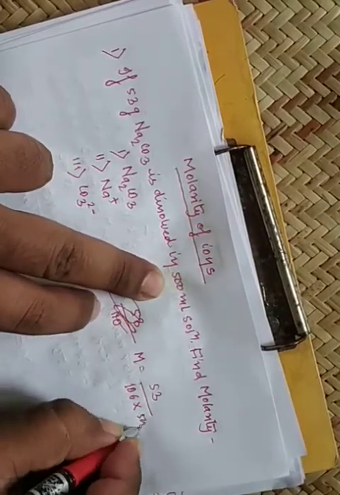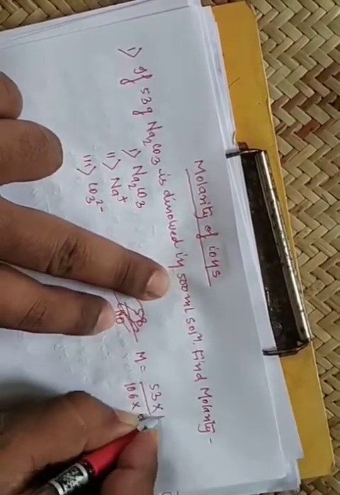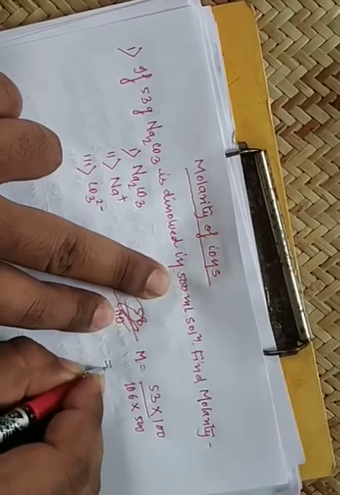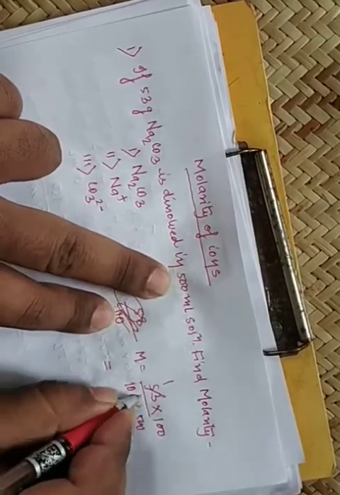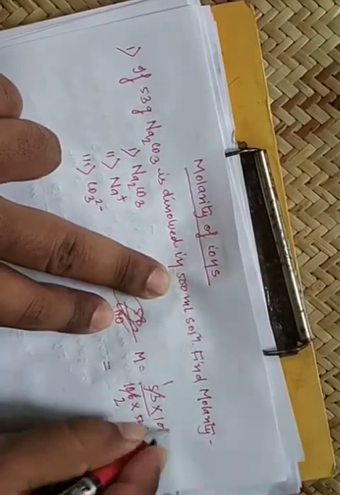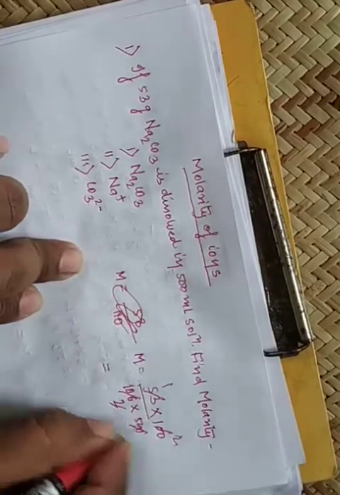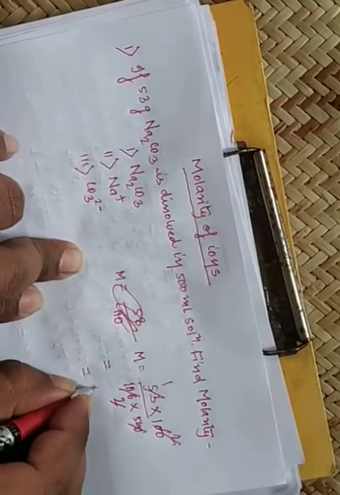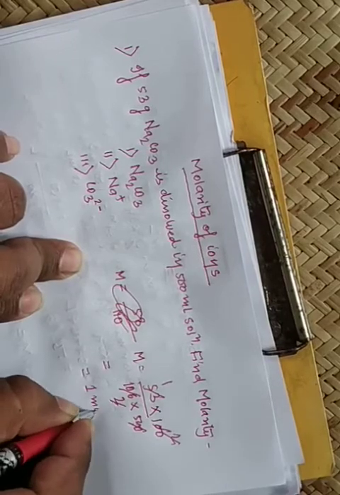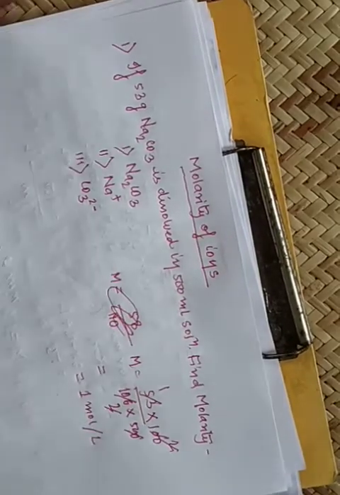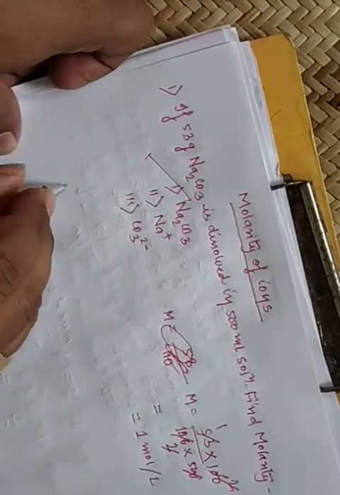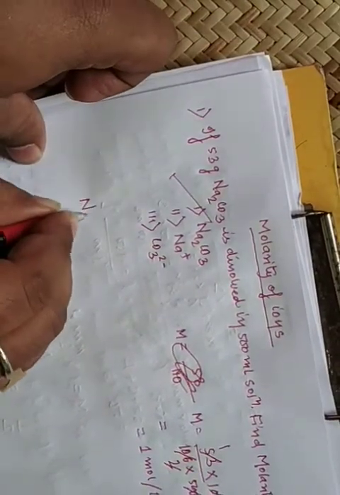So 500 divided by 1000, the volume in liters. 53 ones are 53, 53 twos are 106, so the 2 cancels. The answer is 1 mole per liter. It means the molarity of Na2CO3 is 1 mole per liter.